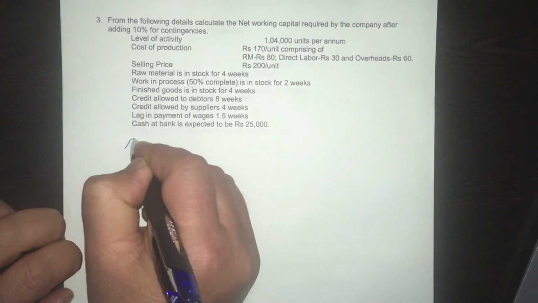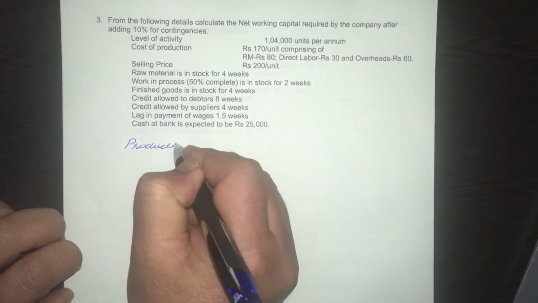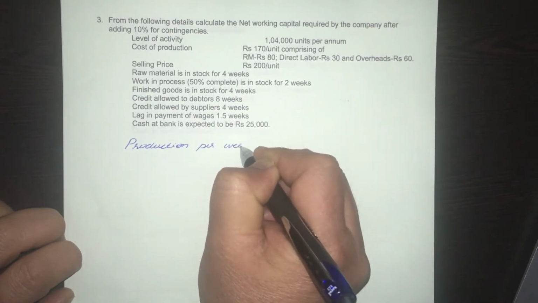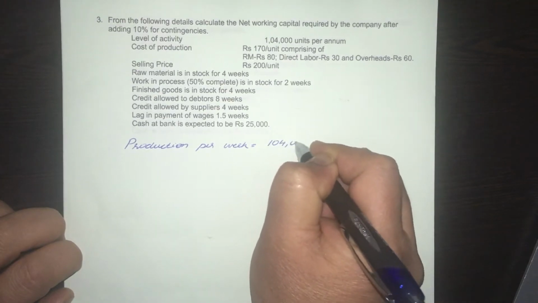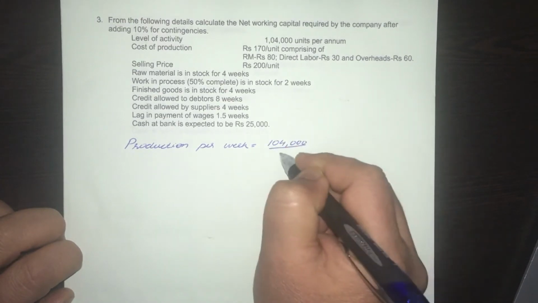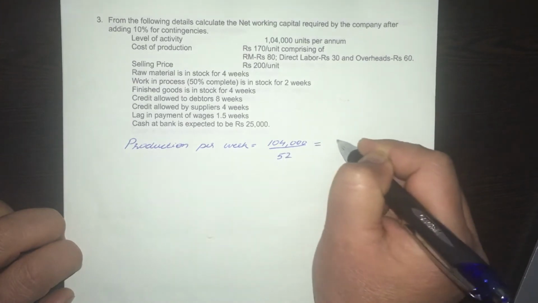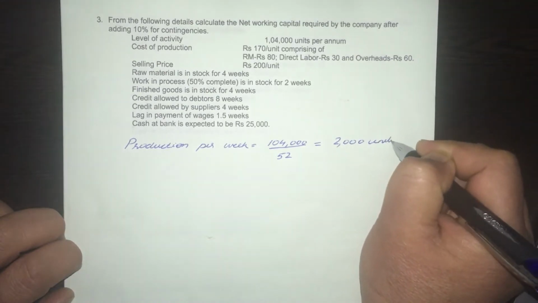Say production per week is equal to 1,04,000 units divided by how many weeks are there in a year? Yes, 52. So you will get 2,000 units per week.